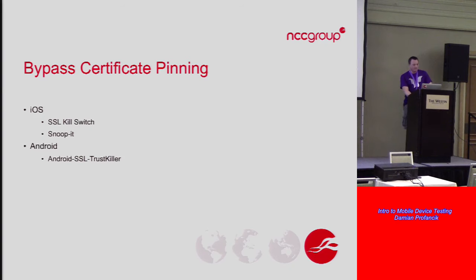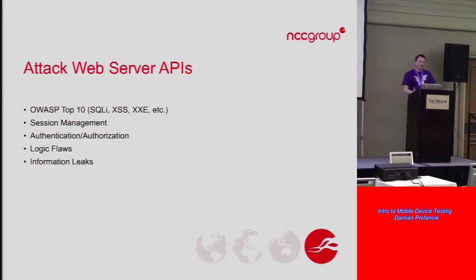It's helpful for that. So, as I mentioned, doing the network side of things or the web API side of things for the mobile device is pretty much the same as if you were doing pen tests for a website. You're going to be looking for that OWASP Top 10 type stuff, SQL injection, cross-site scripting type things. You're going to look at session management. How are the APIs handling sessions? What kind of tokens, API tokens or cookies, or how is it doing the session management?